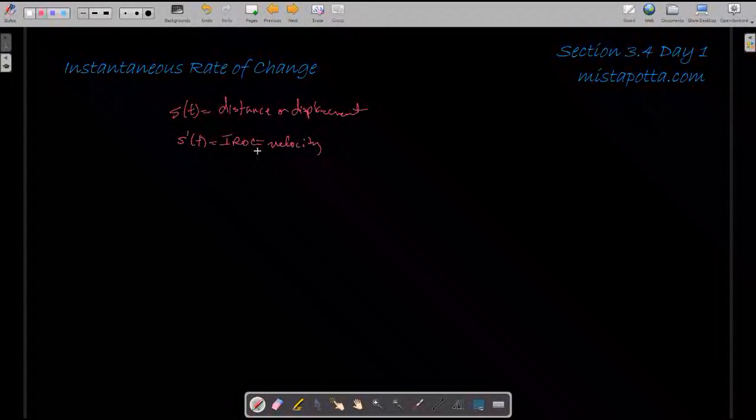So the instantaneous rate of change is the velocity at a particular time t. So we could call this v of t.